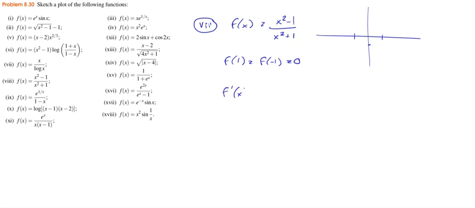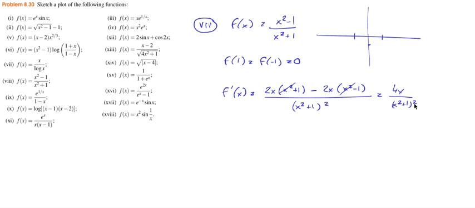The derivative is going to be 2x times (x squared plus 1) minus 2x times (x squared minus 1), divided by (x squared plus 1) squared. The 2x x squared and 2x x squared go away, so you have 4x divided by (x squared plus 1) squared.